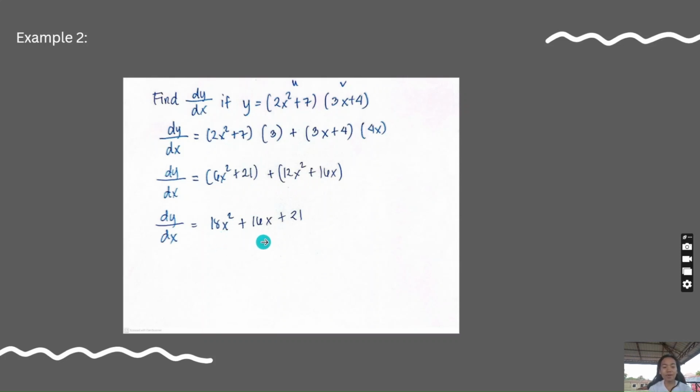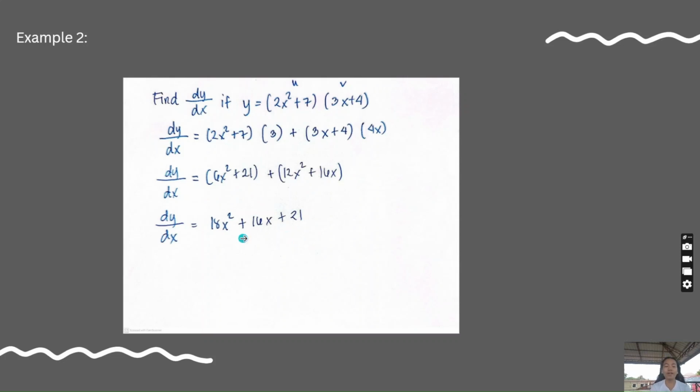And of course, 16x doesn't have a like term that it can be added with, so it remains 16x, and 21 there. Since we don't find any other constant, we just copy 21.